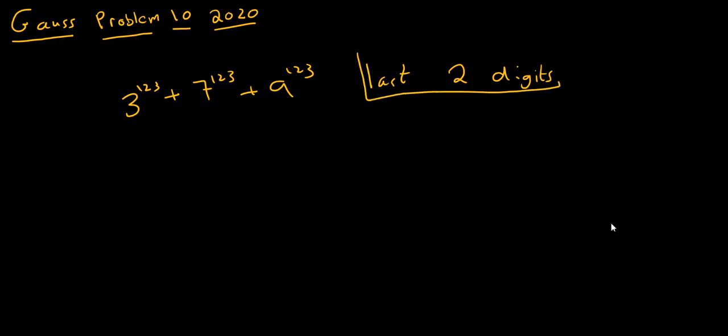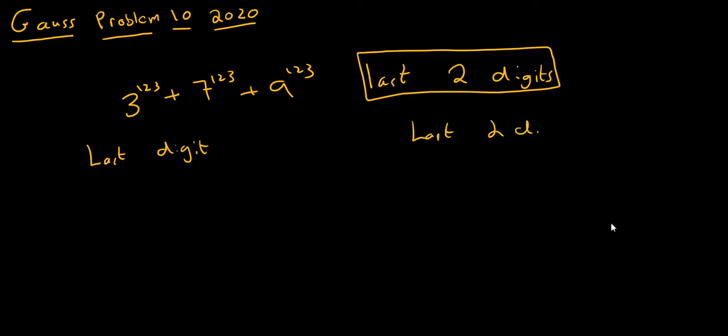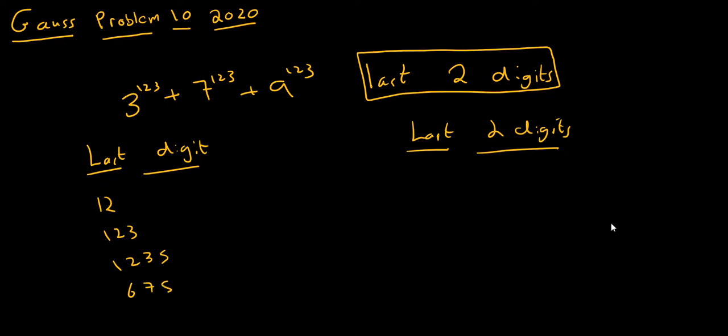Okay, so let's just rewind for a second and have a look at the last digit and last two digits. Let's get some numbers: 12, 123, 5678, 9 and 4.